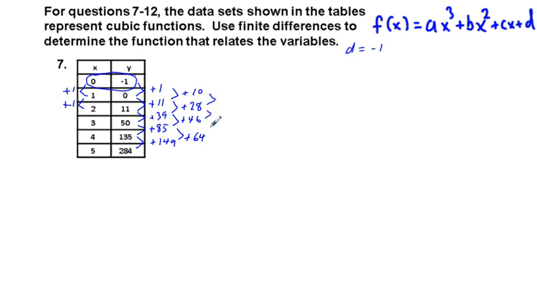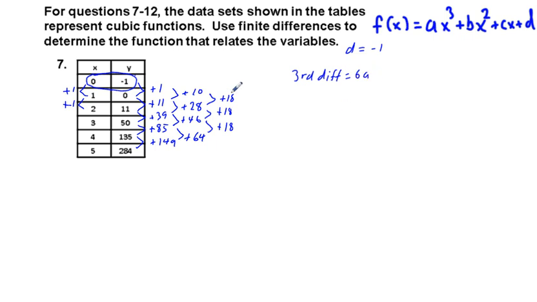Now the third differences, which we have to have equal to find our cubic function. We have 28 minus 10, so that's going to be plus 18. Then we have 46 minus 28 is plus 18. And then we have 64 minus 46 is plus 18. And so we know that our third difference, I'm going to write it over here, is equal to 6a.